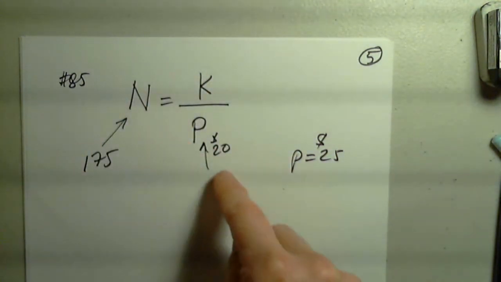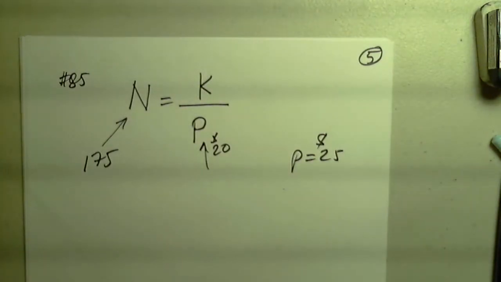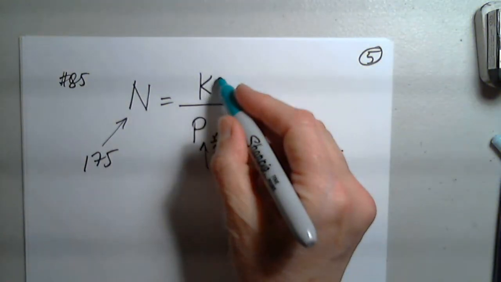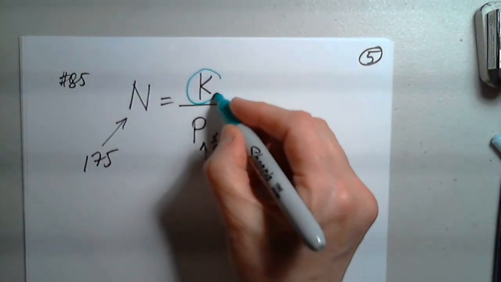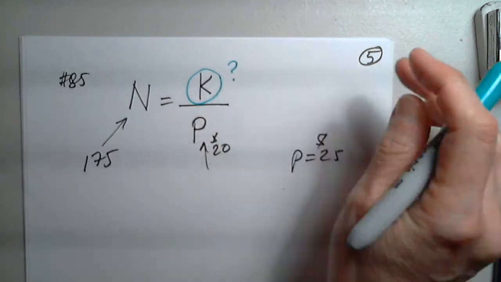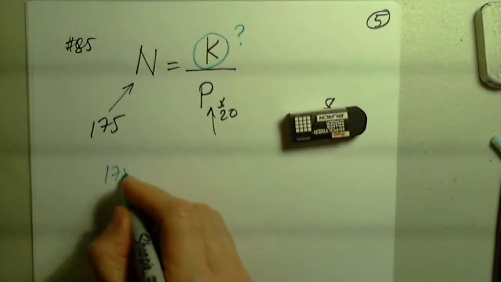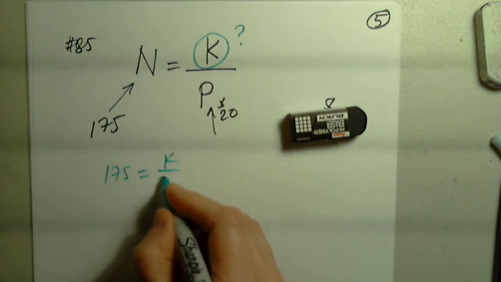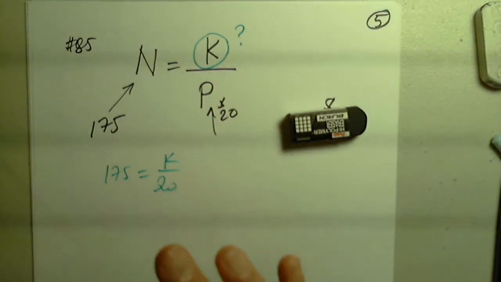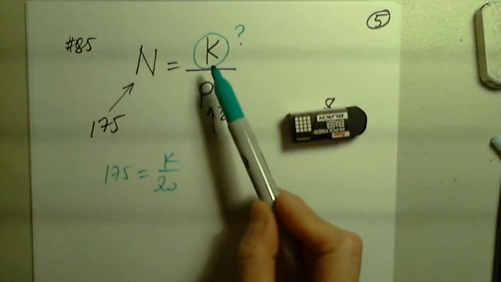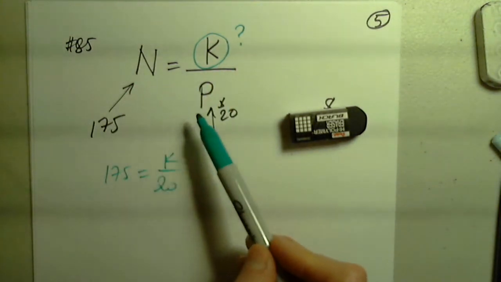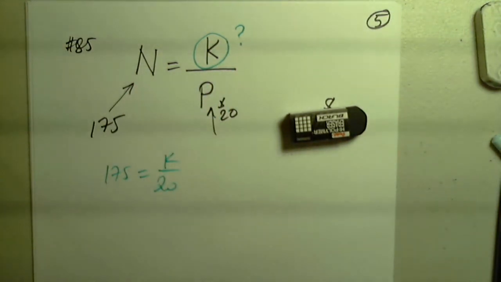Why is this information given to us? To help us find K. Good. So 175 equals K over 20. Once we find K, we can use that to find the price of 25. We will put it back in, write the exact relationship, and then answer the question. How do we find K?